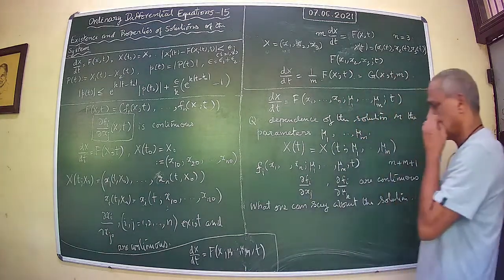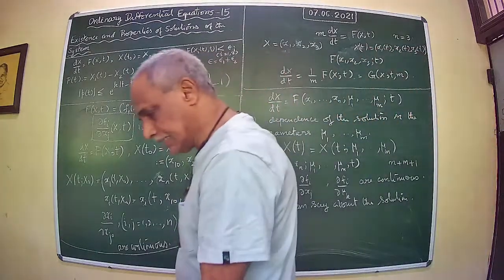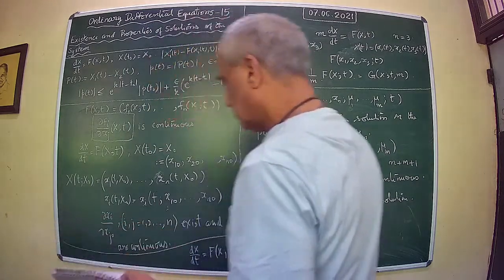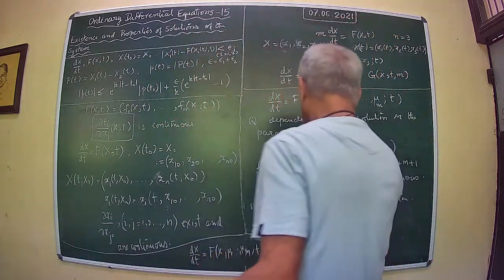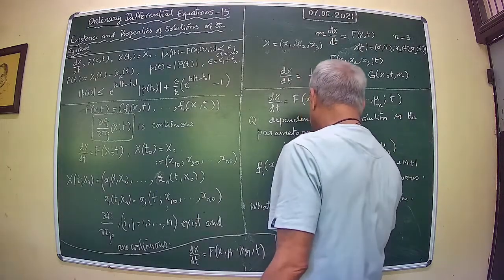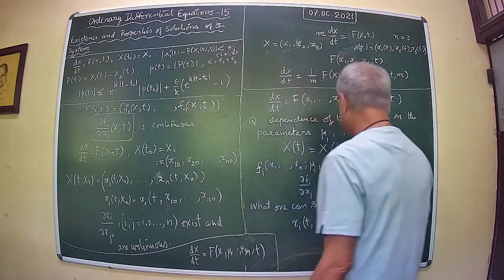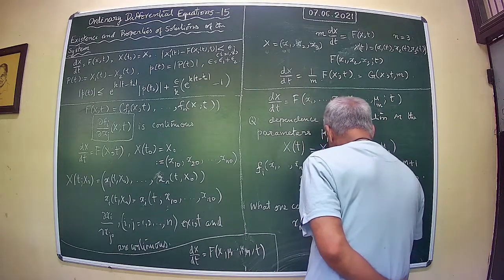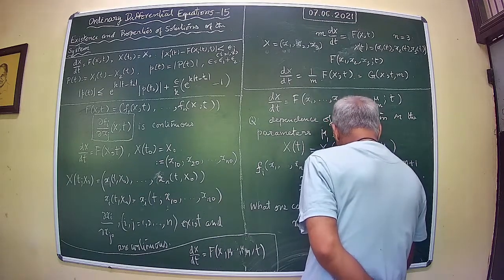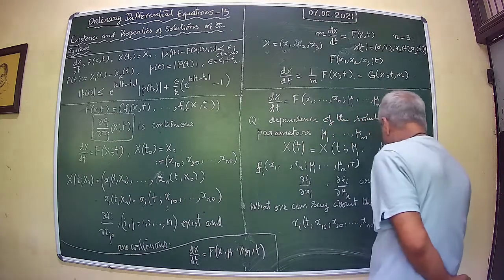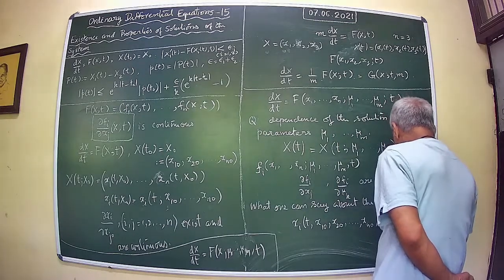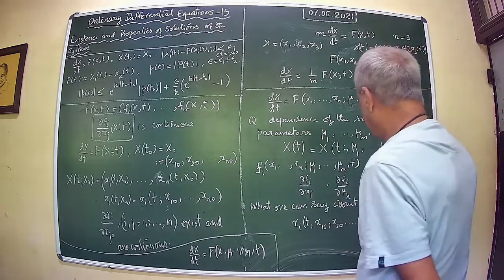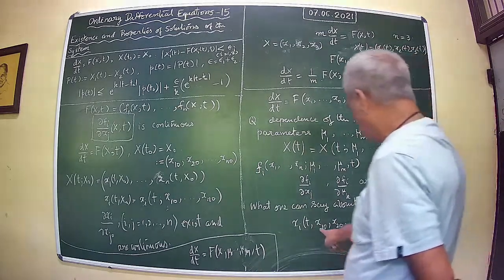About the solution, what we can assert is that the xi's which depend on t, and the initial data mu, are continuous not only in all these variables but also their partial derivatives.